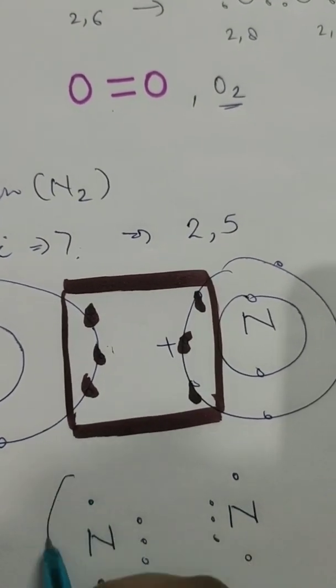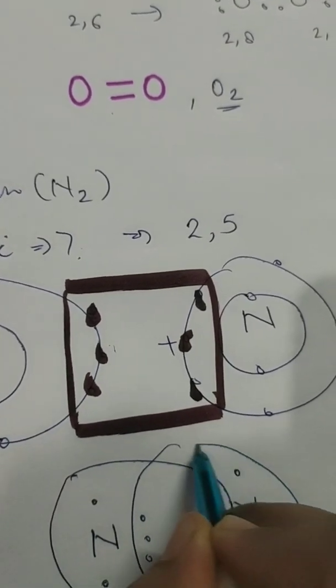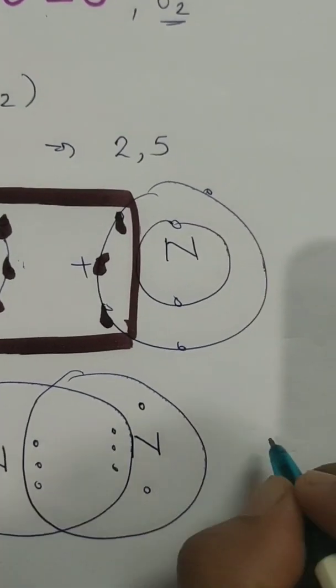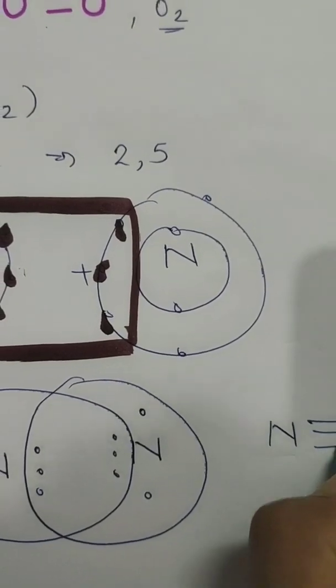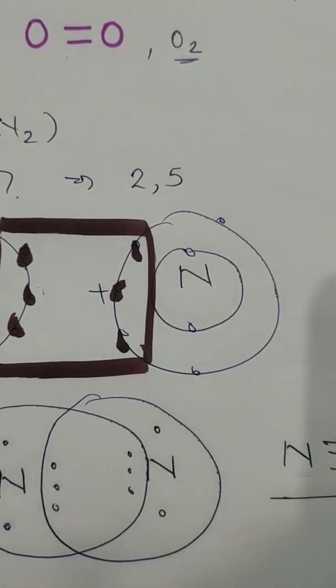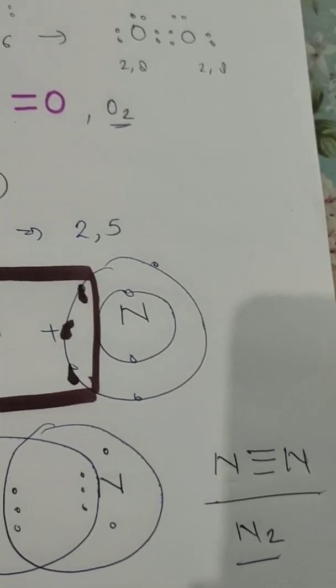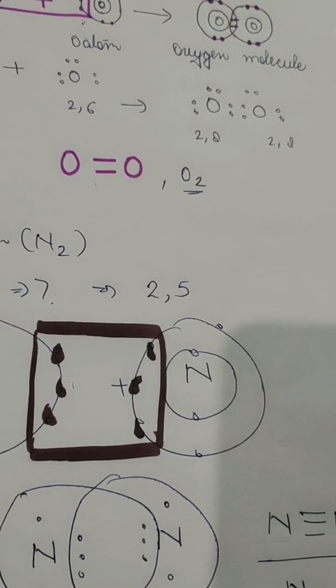So it will be a sharing of 3 electrons from one side and 3 from the other side. That means it will form a triple bond like this, because it is 3. So this is a triple bond. Okay, so it is N2 with a triple bond. I hope you understand the single bond, double bond and triple bond.